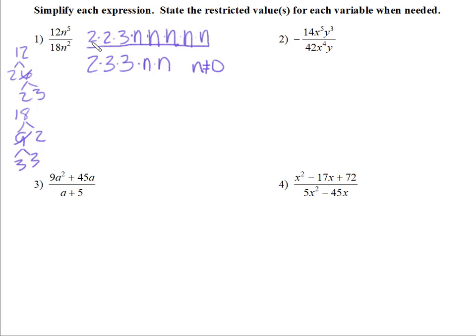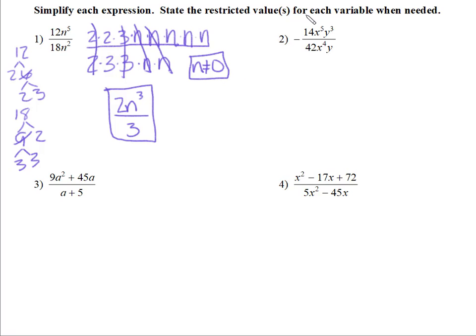Now we can finally cancel out some common factors. We've got a common factor of 2 that reduces to 1 and goes away. Common factors of 3 and 2 pairs of n's that we can cancel out. So it leaves me within the top 2 times n to the 3rd power, 2n cubed, over 3. And even though those n's both canceled out in our reduced answer, we still have to keep this domain restriction of our original expression.